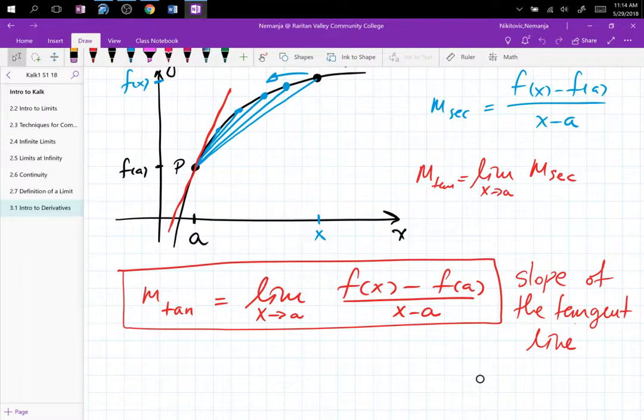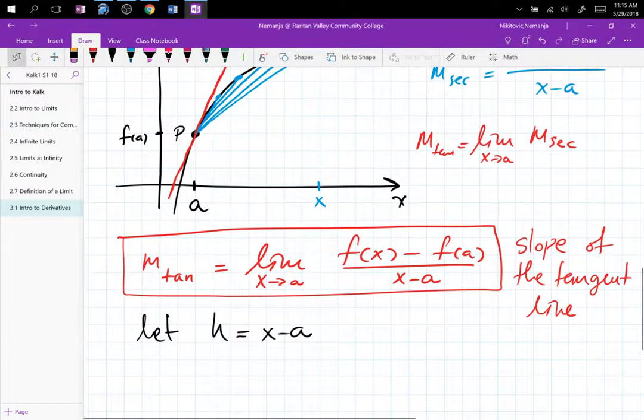I want to be able to quickly go through the computation rather than solve the limit in this form. So what we are going to do is say, let h be equal to x minus a. And then from here you can solve for x. X is equal to a plus h.